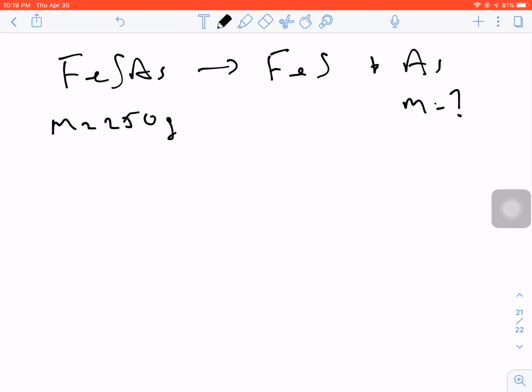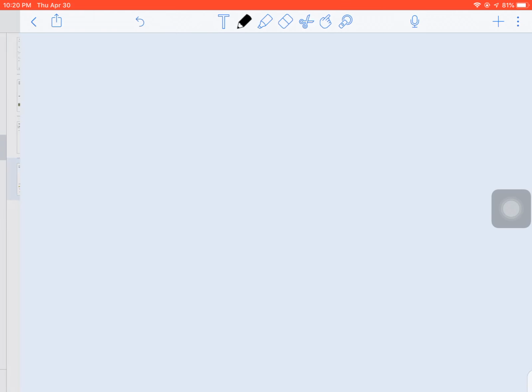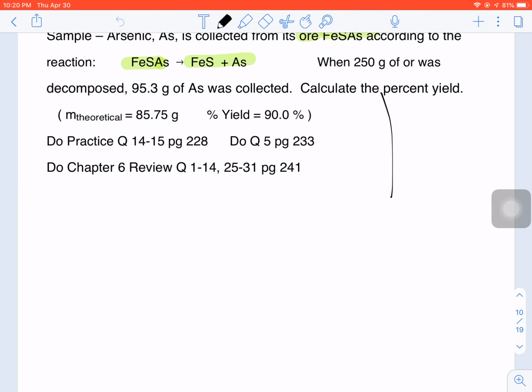What's on my whiteboard in front of you right now is the calculation. Right? This 95.3 is not the calculation. This 95.3 is what I really got when I did the lab. Right? This is not what I'm expecting. This is what I'm actually getting.